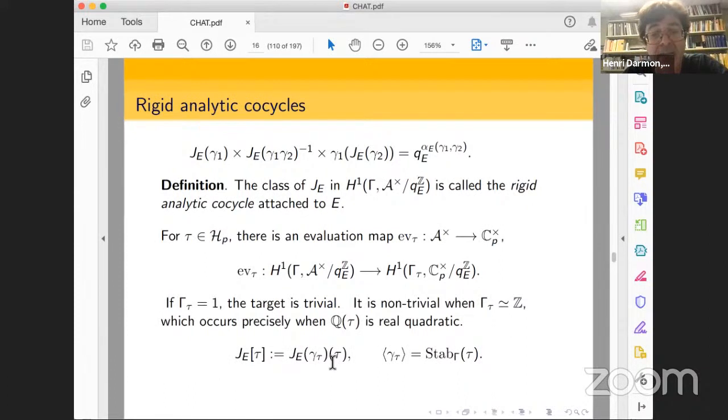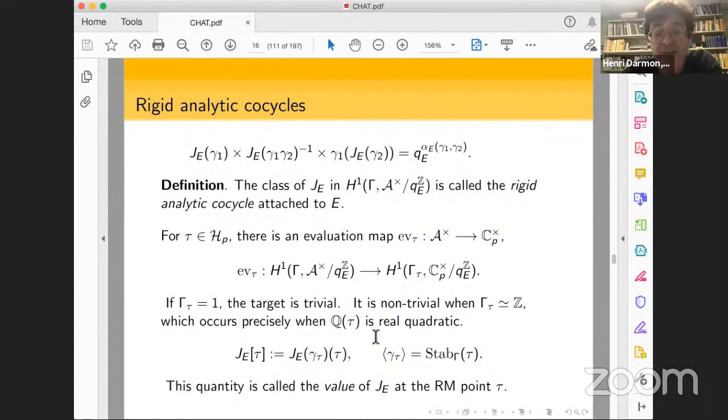And that led us to define the value of the rigid analytic cocycle at tau to be simply what you get by taking this cocycle, evaluating at the automorph gamma_tau, which is a generator of the stabilizer group, taking the resulting analytic function and evaluating it at tau. That gives you a numerical invariant in C_p star mod q to the Z. And this is what we call the value of J_E at this RM point.